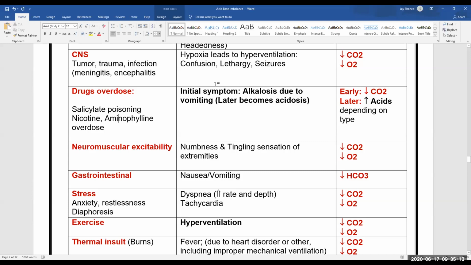So eventually you lose all that acid in the stomach. So you become alkalotic at the beginning, but later on, because that salicylic acid goes into your blood and it's an acid, only initially do you have alkalosis. Later on, you have acidosis. Is that related to acid rebound?